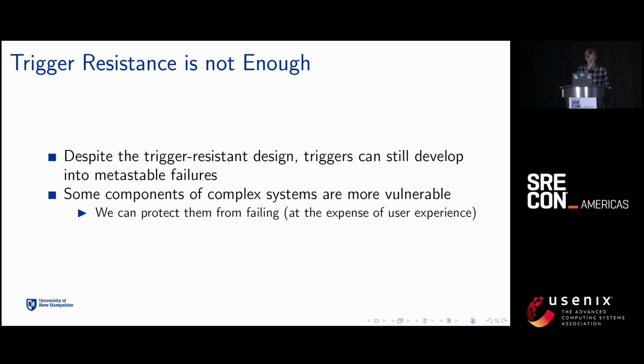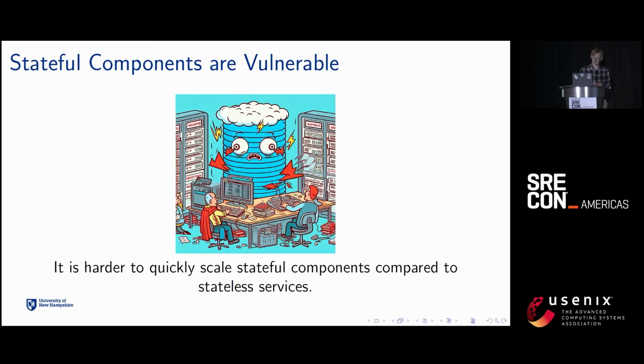And it happens to be the case that in systems we tend to have some components that are more vulnerable to these problems than others. And these more vulnerable components tend to be stateful components, right? Your databases, data stores, distributed file systems, publish-subscribe systems, and so on. And they are more vulnerable because they are very difficult to scale, right?